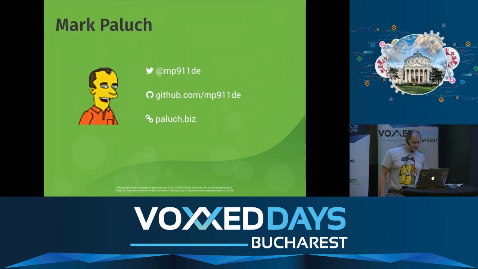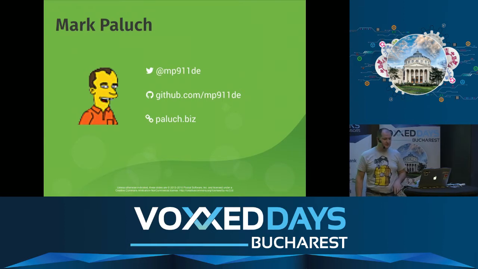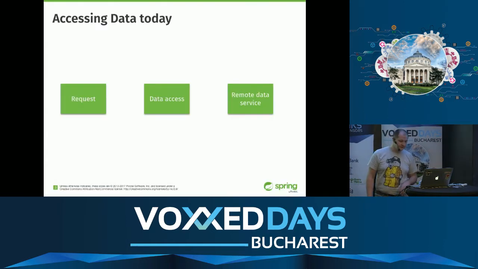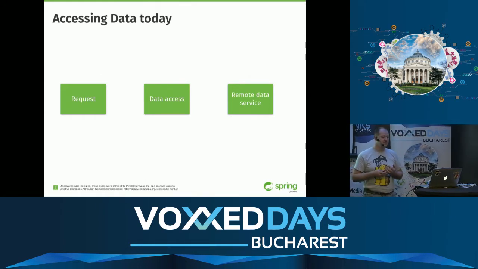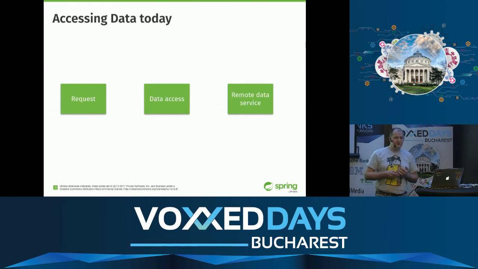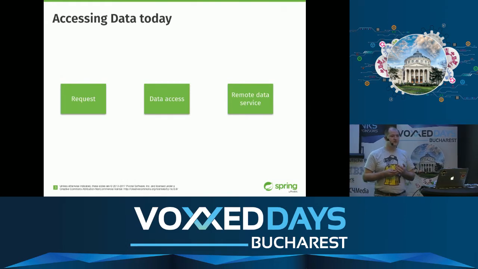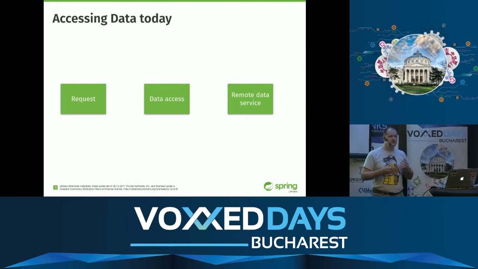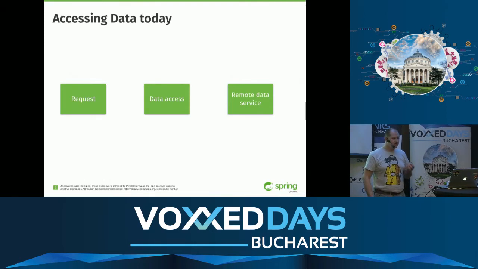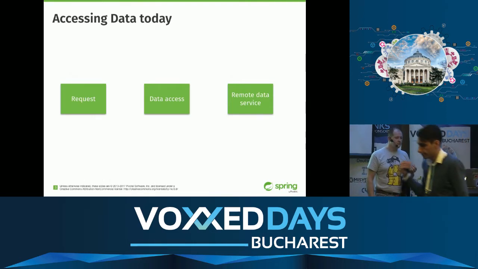And let's talk a little bit about the problem space we are in today. When you are accessing data in today's programming models, these programming models tend to make certain assumptions on resource usage. And in particular, it all starts with threads.